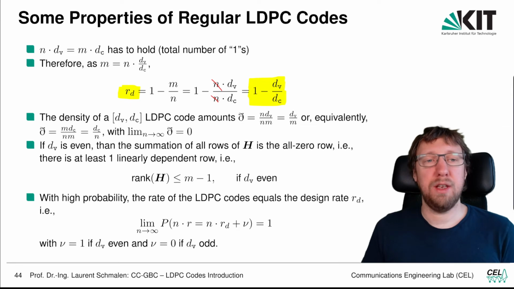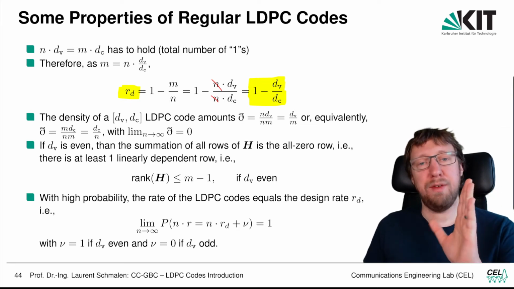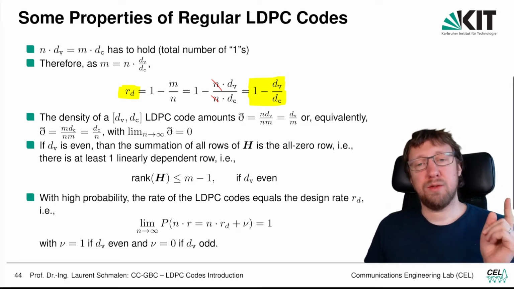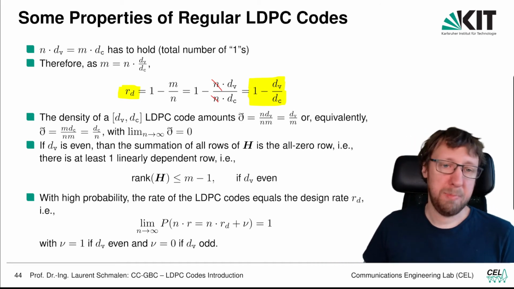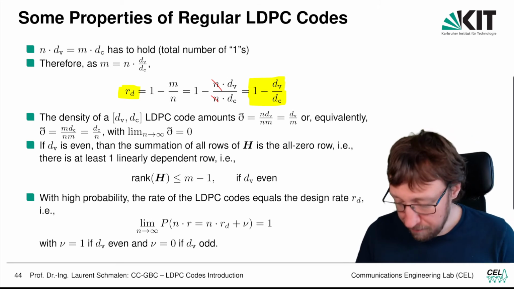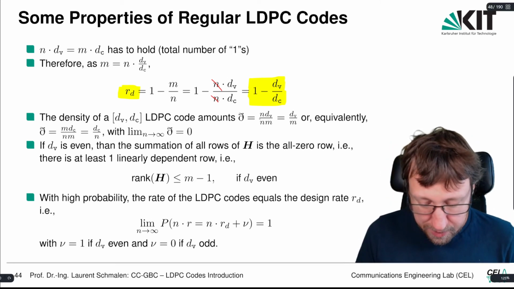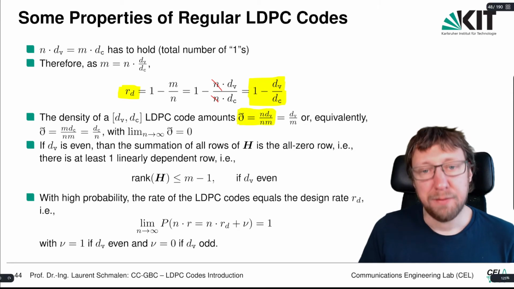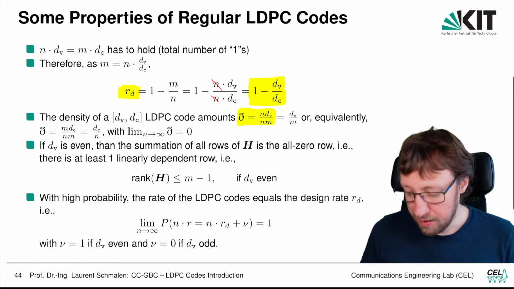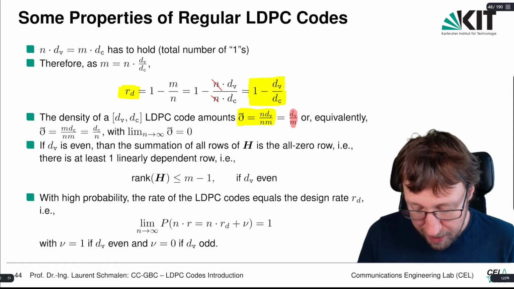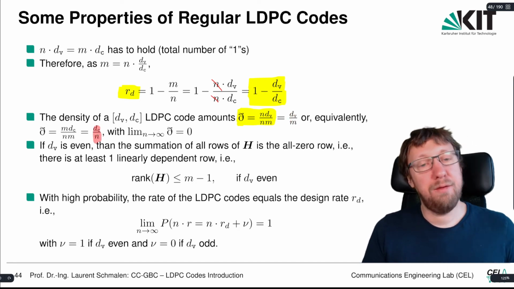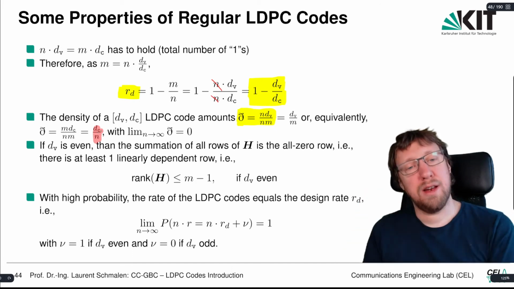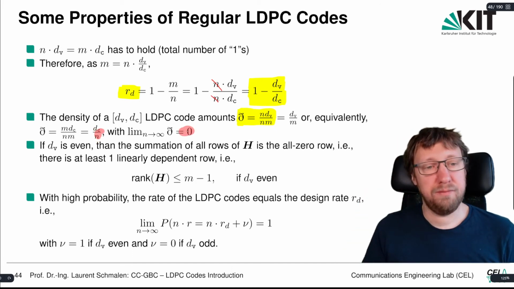When you see 3, 6, dv equals 3, dc equals 6. Notice this is 1 minus 3 over 6, so it's 1/2. We can calculate the density. The density of the matrix is the number of ones, n times dv, divided by the size of the matrix, which is n times m. So it's either dv over m or dc over n. Both are the same. And we can see that if n increases, the density approaches 0.